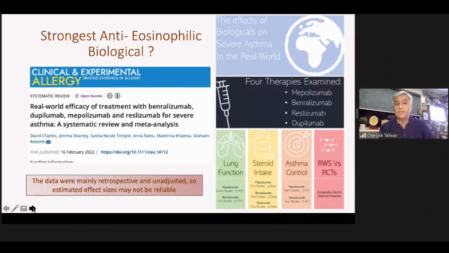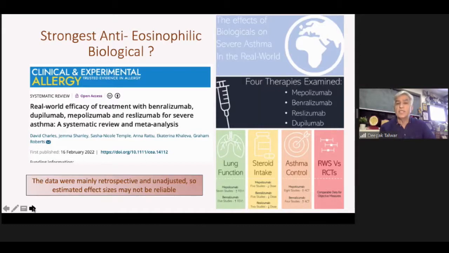This is data which tried to look at it: benralizumab, mepolizumab, reslizumab, and even dupilumab. It found that this data is mainly retrospective and unadjusted, and hence the effect sizes on improvement in lung function, steroid intake, and asthma control may not be reliable. And RCTs versus real-world experience may be totally different.